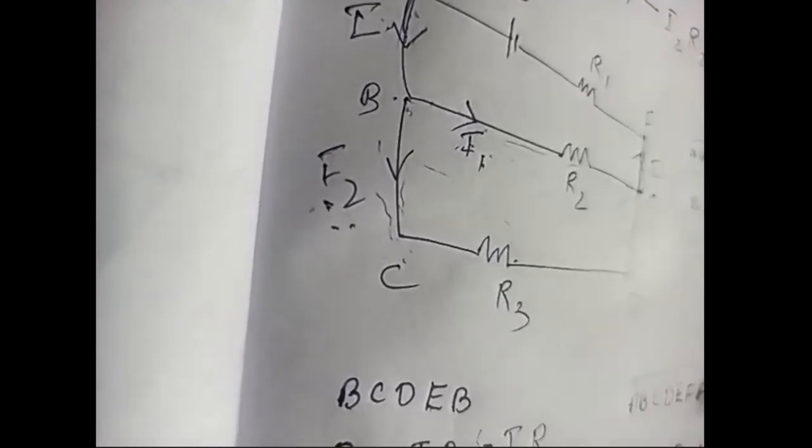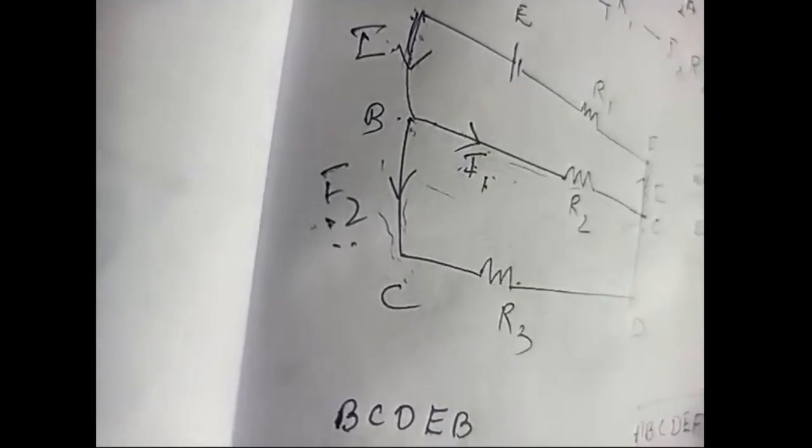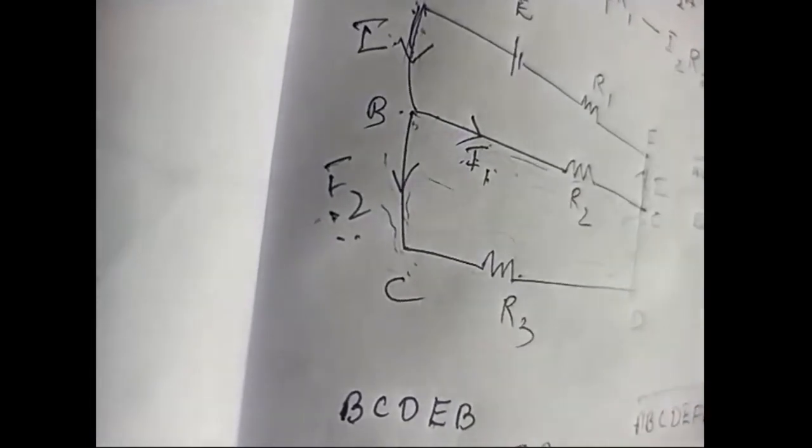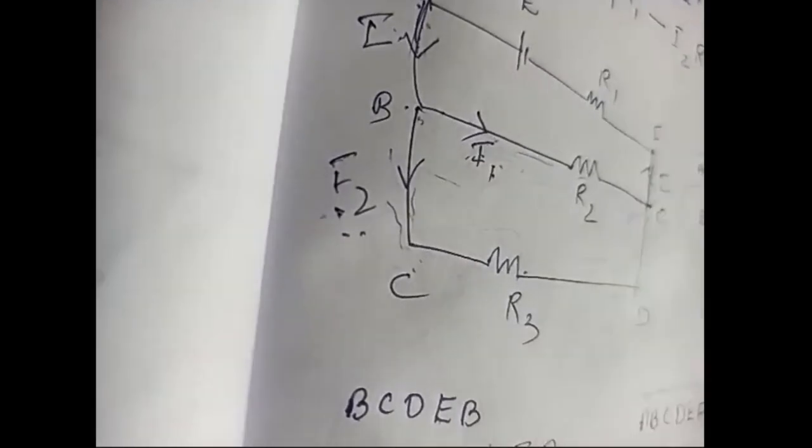That Wheatstone's bridge is applied in practical form as a meter bridge. That is the second experiment you have to do in practical, and the third one is the potentiometer. While discussing internal resistance, I told you that you have the potentiometer experiment as well as the meter bridge experiment.